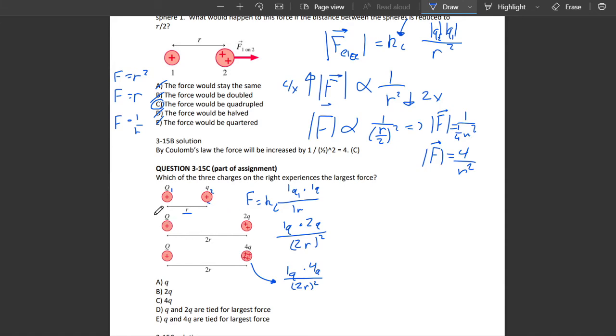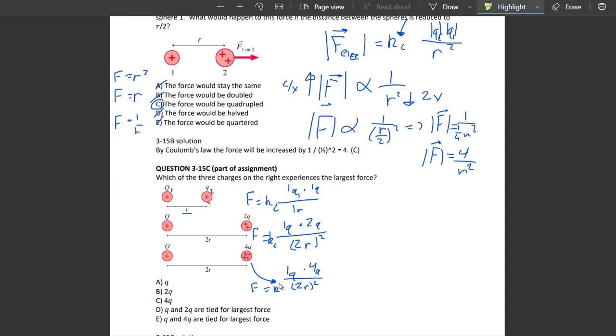And then if we look at the second one, the force is equal to the Kc constant times charge 1, which has a charge of positive 1, times charge 2, which has a charge of positive 2, so 2q, divided by a distance of 2r, so 2r squared. And then we have the third set of particles here, and we have charge 1, which has a positive 1 charge, and charge 2, which has a positive 4 charge.